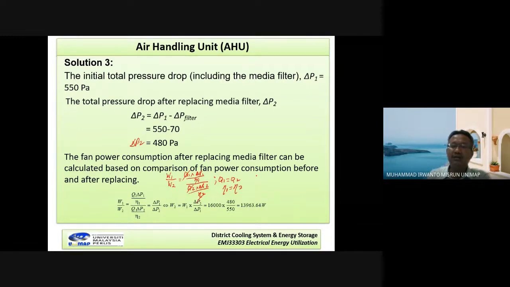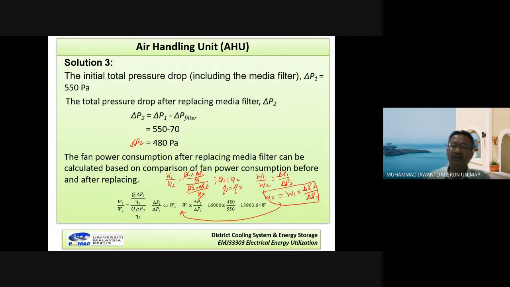So we can write W1 over W2 is equal to delta P1 over delta P2. Now, when we want to find W2 for the blower, for the fan, when the media filter is replaced with the electronic air cleaner, it is equal to W1 multiply delta P2 over delta P1, and this one is the same for this case.